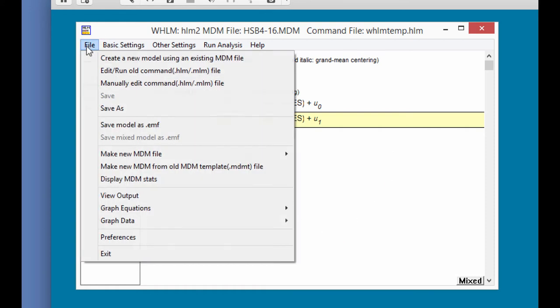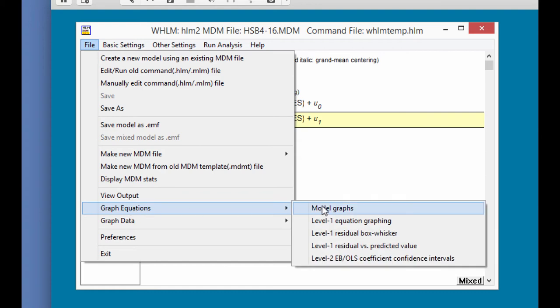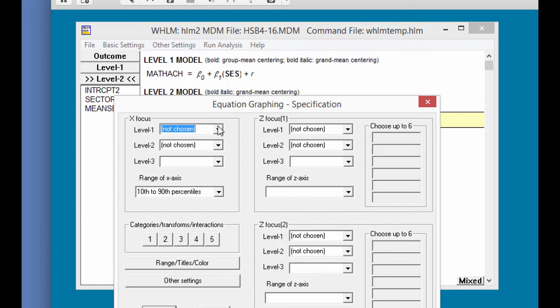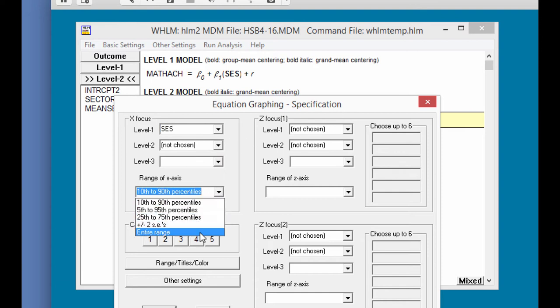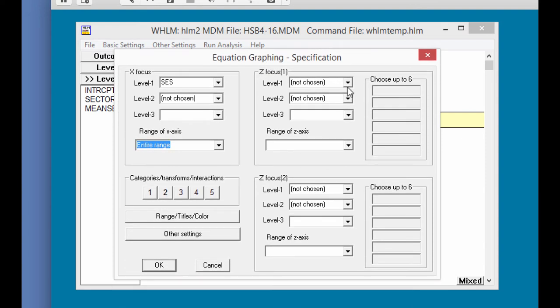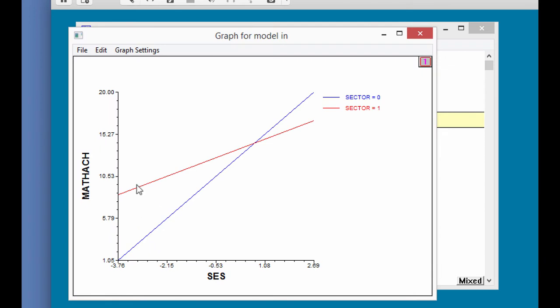If I go to File and Graph Equations and Model Graphs, I can put SES in at level 1, and I want the entire range. Then I'm going to put in sector at level 2, and I'm just going to use the actual two values, 0 and 1. You can see here the intercept and the slope of the regression line for Catholic schools, and the intercept and the slope for public schools.